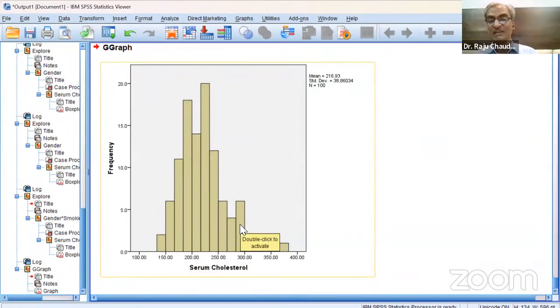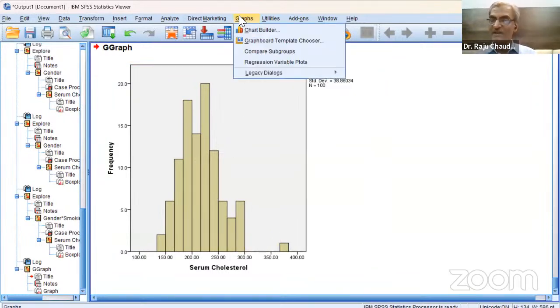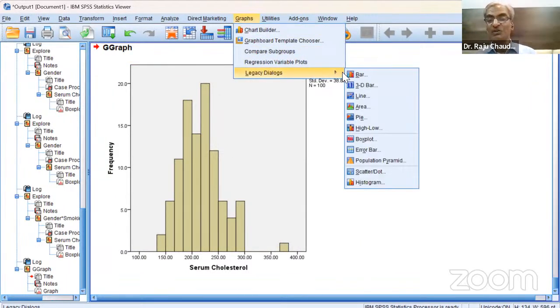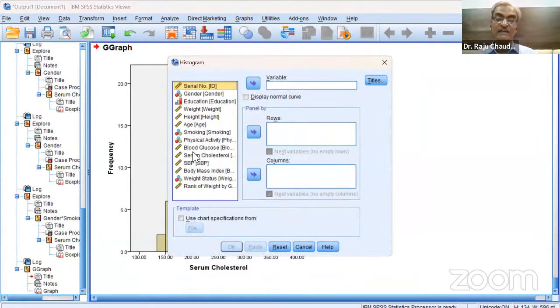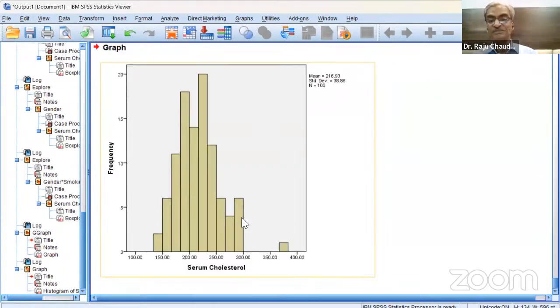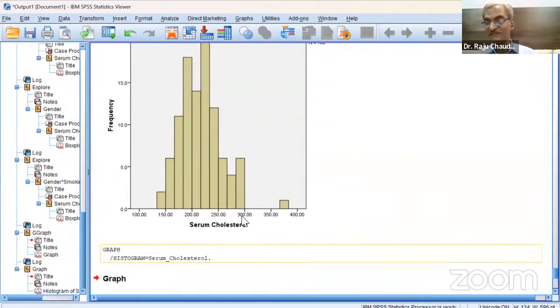So this is your histogram for the serum cholesterol, right? The same graph we can create through the legacy histogram, and then serum cholesterol, and then simply click OK. See, we get the same graph.